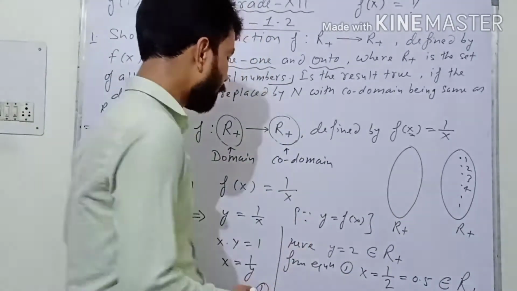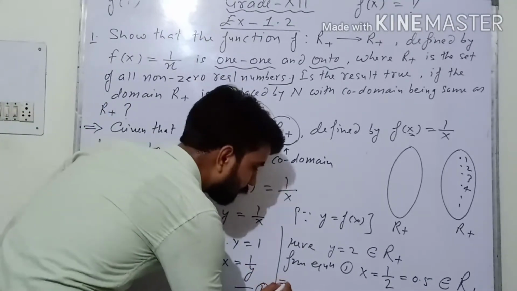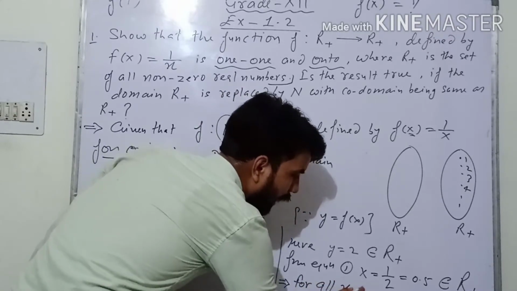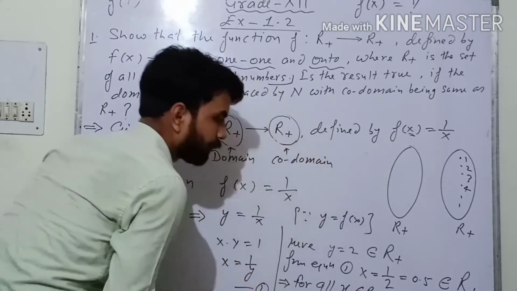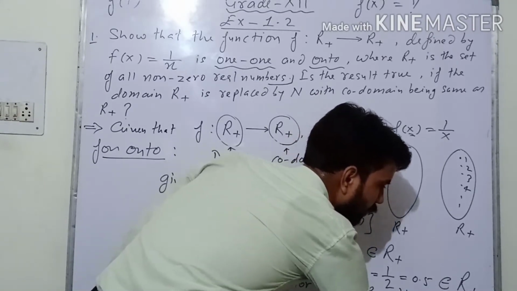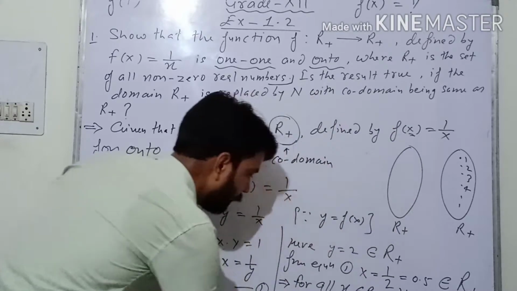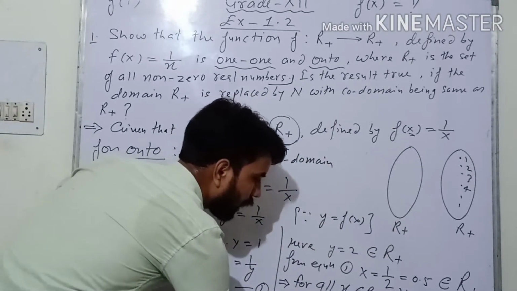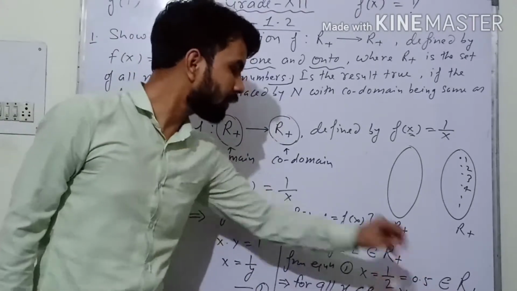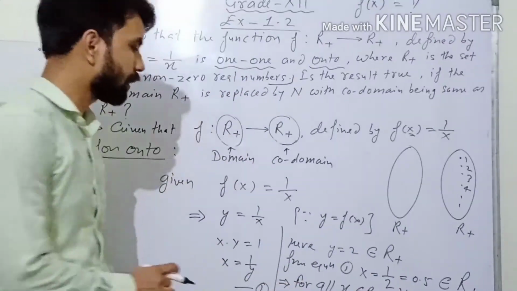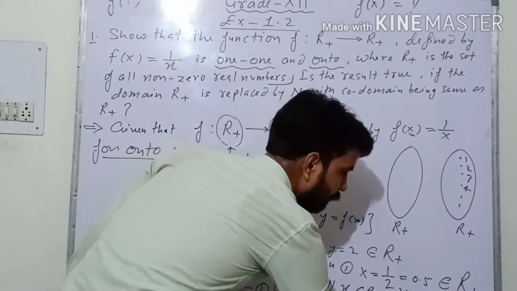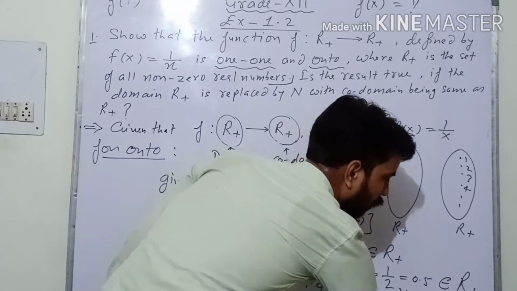So hence we can say that for all y belonging to R positive, there is some x belonging to R positive, hence f(x) is onto.